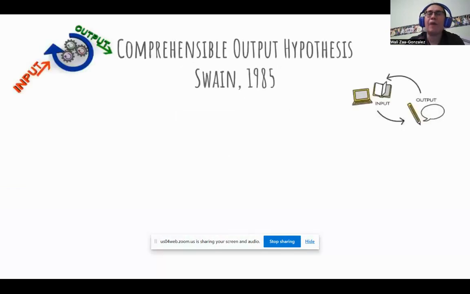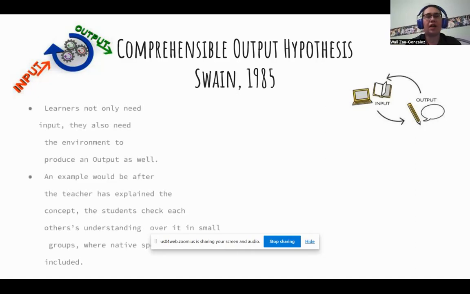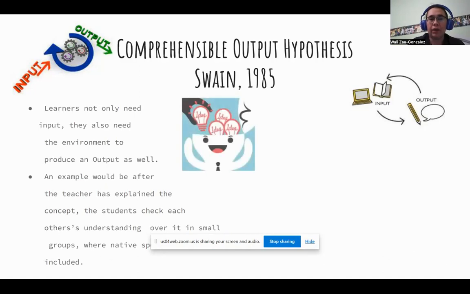Okay, so my first concept was comprehensible output and the output hypothesis, presented by Swain in 1985. This one tells us that learners not only need input, but they also need an environment to produce output as well.